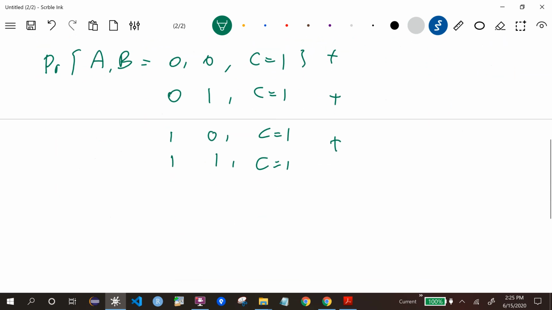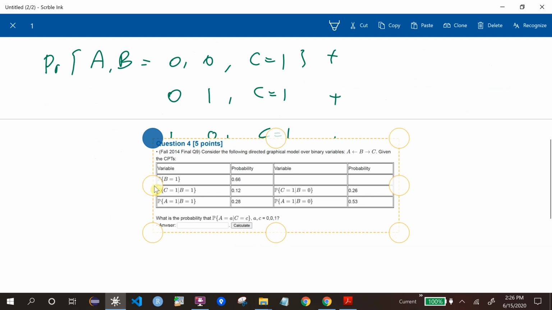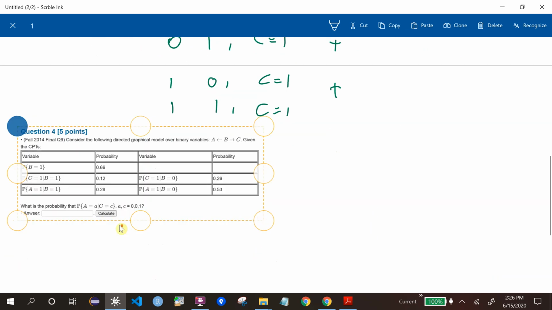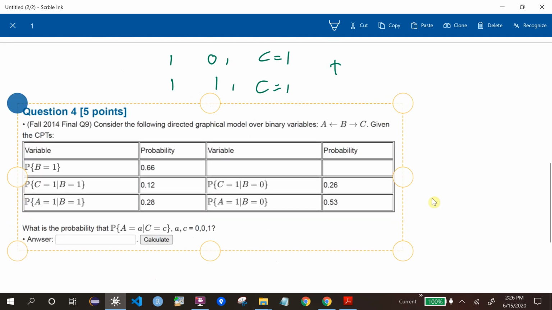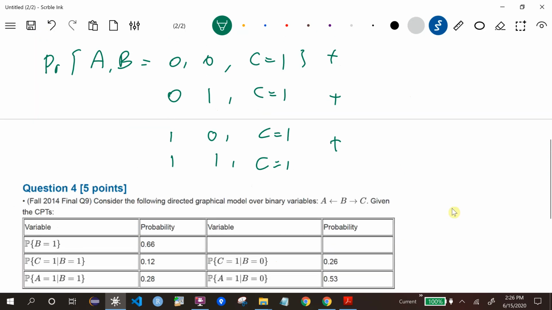It seems we need the table again, so let me paste everything. Let's make the table a bit larger. Instead of writing everything down again, let's just directly write down the numbers.